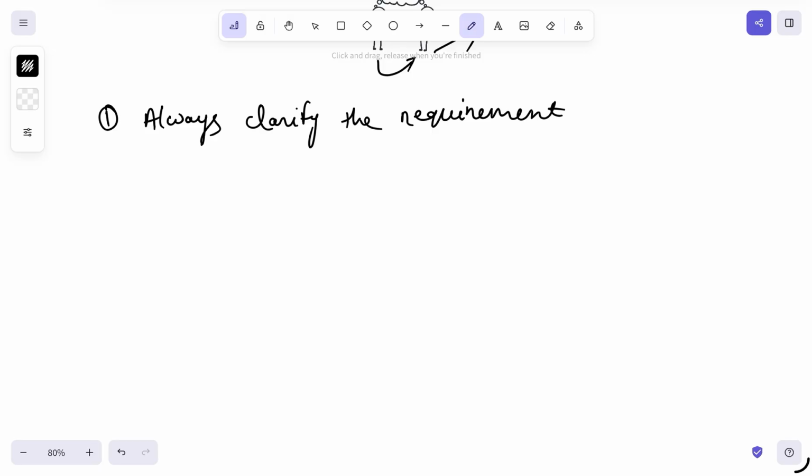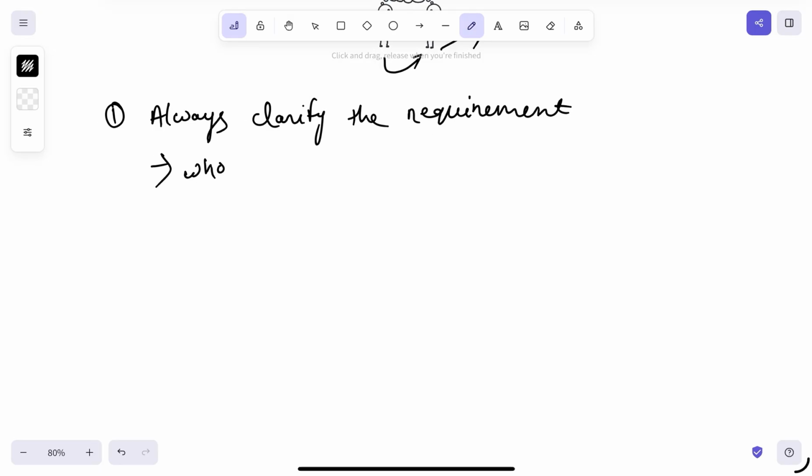So in this step, what kind of questions can you ask to clarify things? For example, you can say, who are the users of your data? Whether it can be a data analyst, a data scientist, or a business analyst.